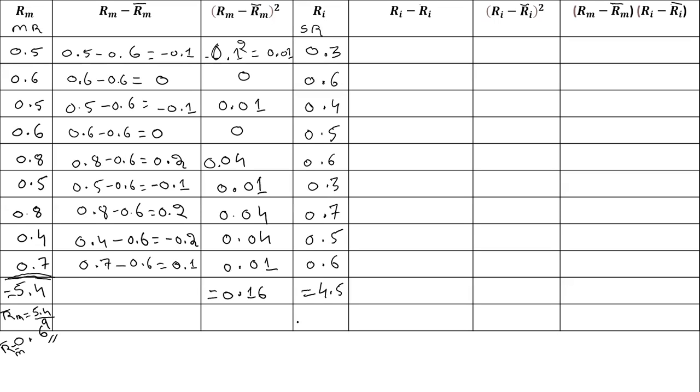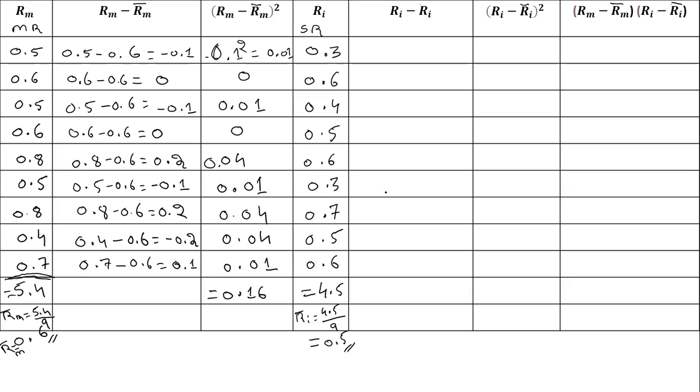Now we have to go for R bar I. R bar I will be 4.5 divided by 9, so R bar I will be 0.5.